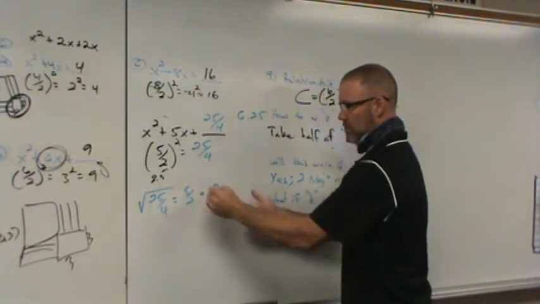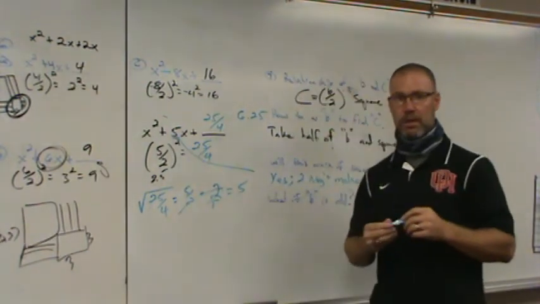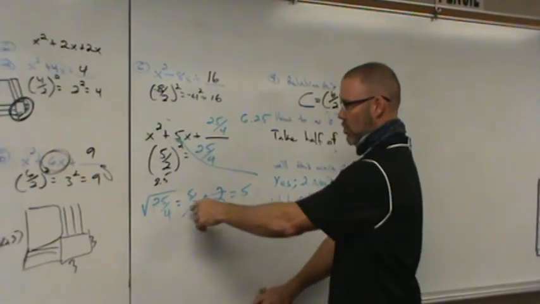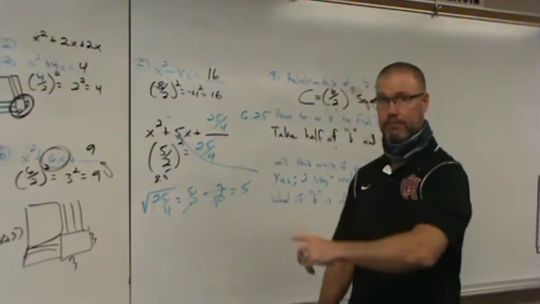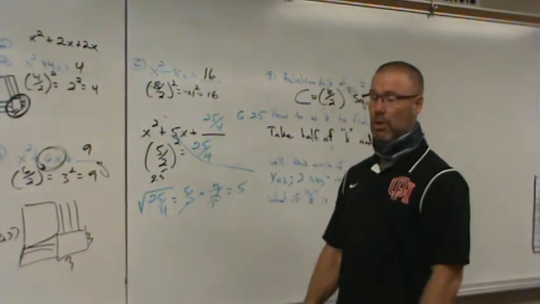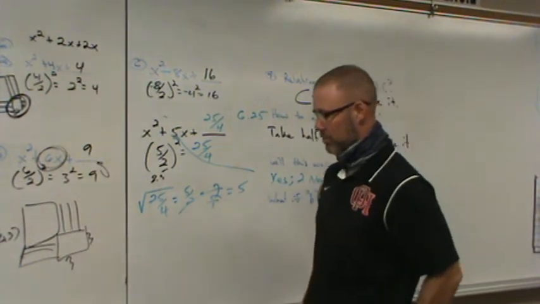And then I'm going to double 5 halves, and I'm going to get 5, which is what my answer is to begin with. So you're working on getting out your calculator and trying to find the square root of 625, and I'm done. All right, so as much as you want to make it a decimal, don't. Know that it is, but don't, because you're going to make it harder on yourself.